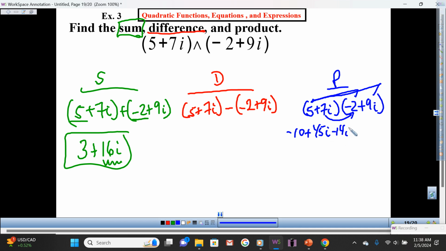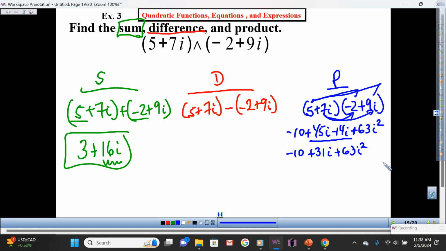Negative 14i, and 7i times 9i, 63i squared. All right, so far so good. Negative 10, combine these, that is 31i, and then bring down the 63i squared.